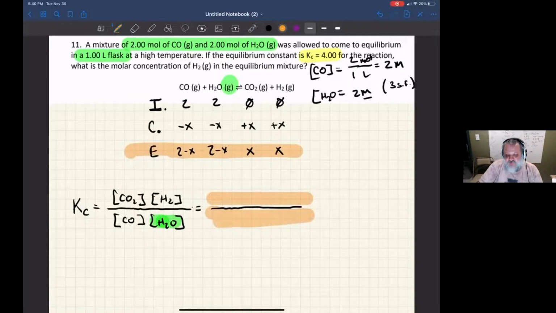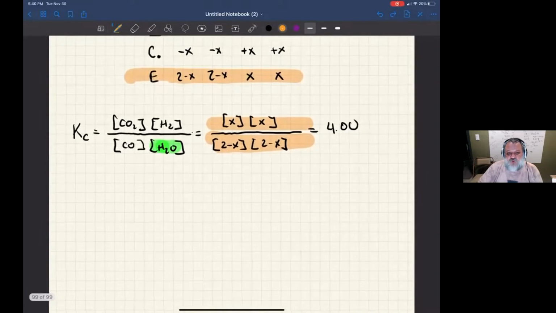So that means that I have X times X in the numerator and 2 minus X times 2 minus X in the denominator. That all equals the equilibrium constant, 4.00.